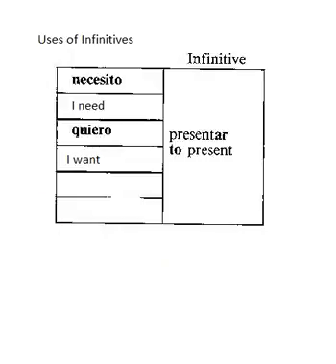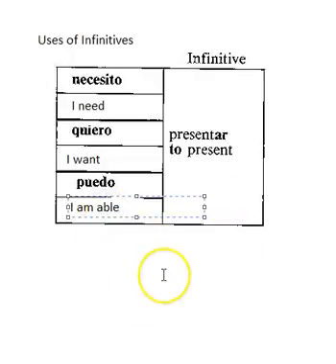That's an example. And the final example here, I could say, puedo presentar. And what I'm basically saying here is I am able. I am able to present. Puedo presentar.